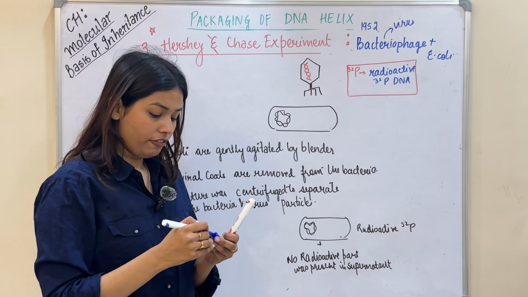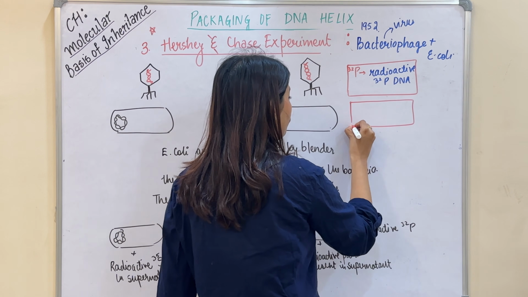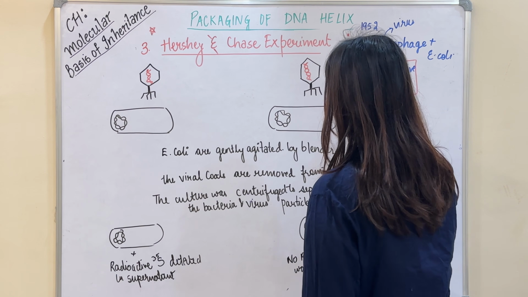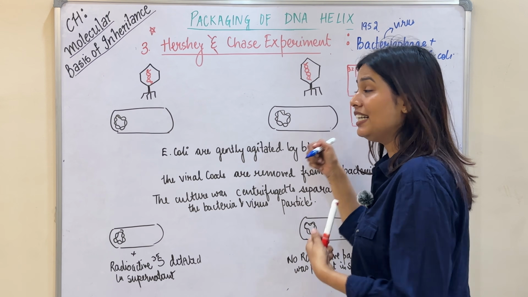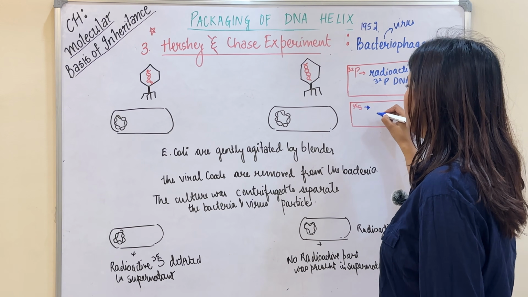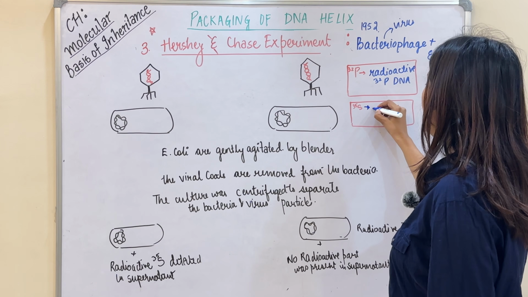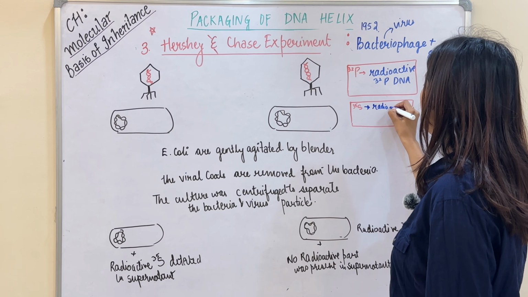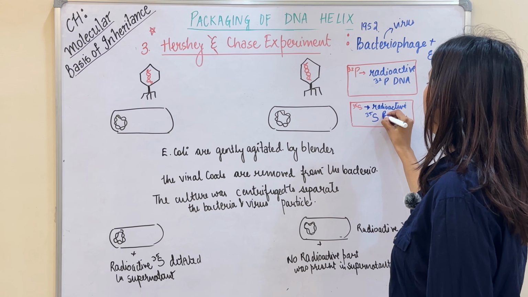And they grew a few viruses in radioactive sulfur rich medium, S35, and the protein coat contains sulfur. So the radioactive sulfur got tagged with the protein coat and formed radioactive S35 protein.